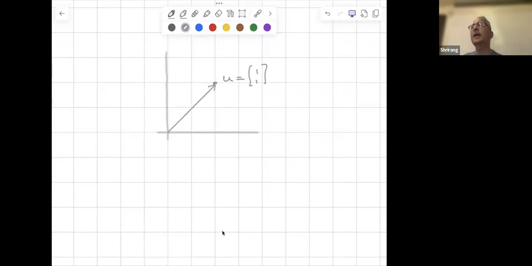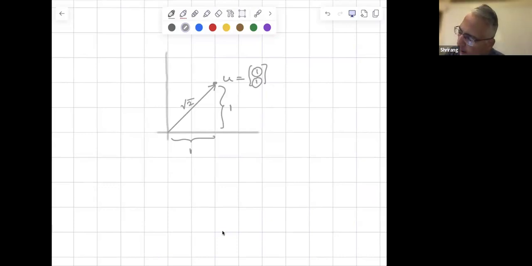What is the length of this line, of this segment? √2, right? Why? Because this length is 1, and this length is 1 because of these values. It's a right angle triangle, so this length is √2. So now if I just take u and divide it by √2, what I'll get is a line out here, and this length will be 1.